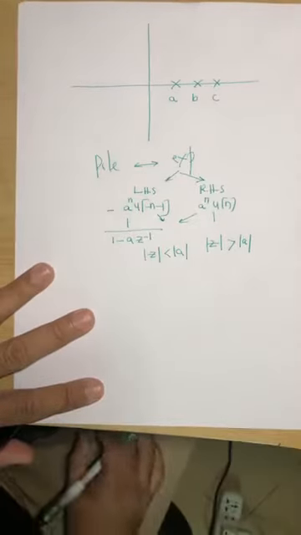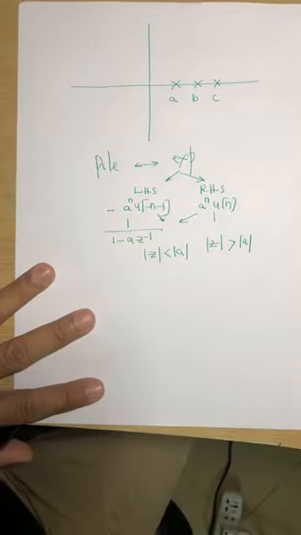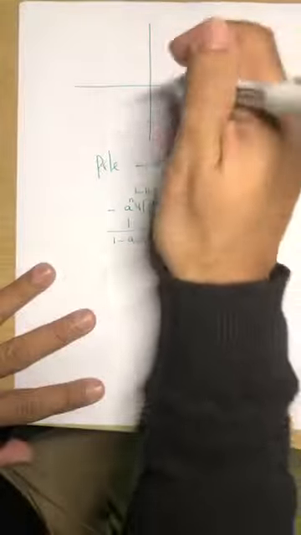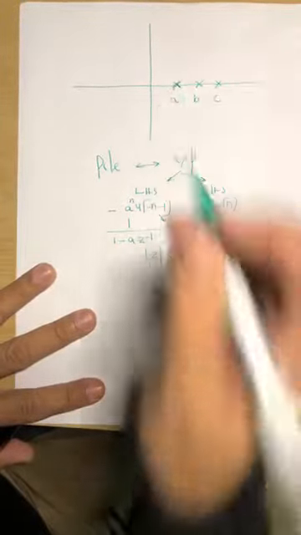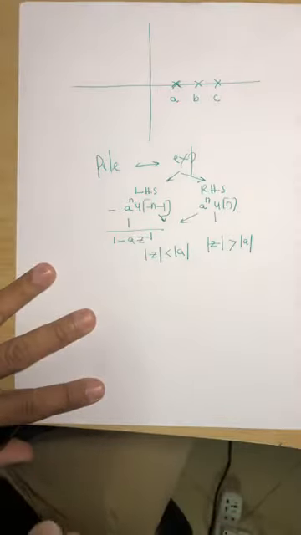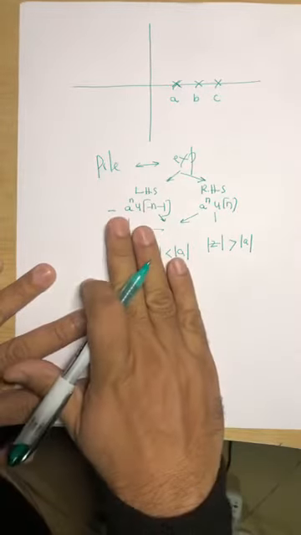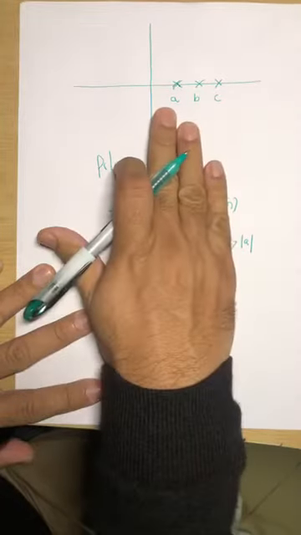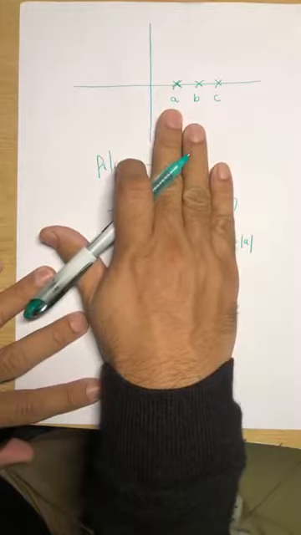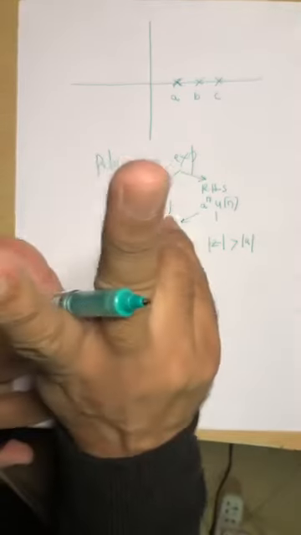Okay. So in a nutshell, if you are given a pole, a pole does not reflect a unique sequence in the time domain if its region of convergence is not mentioned. So you have to say there are two possibilities.